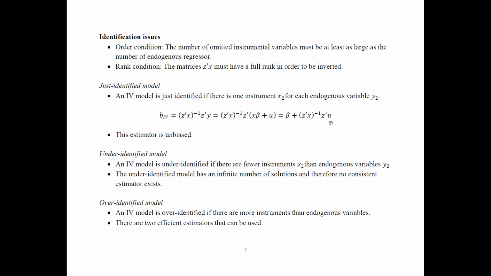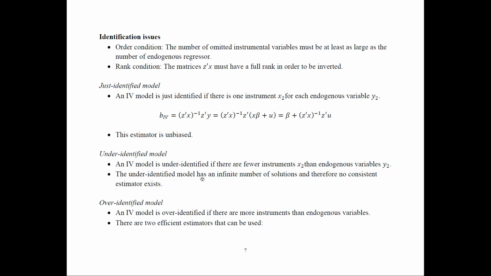Unlike the original one, we have Z prime u, and the expectation of that is 0. So here we have an estimator that is unbiased because the expectation of this would be exactly beta. So this is a very good case.